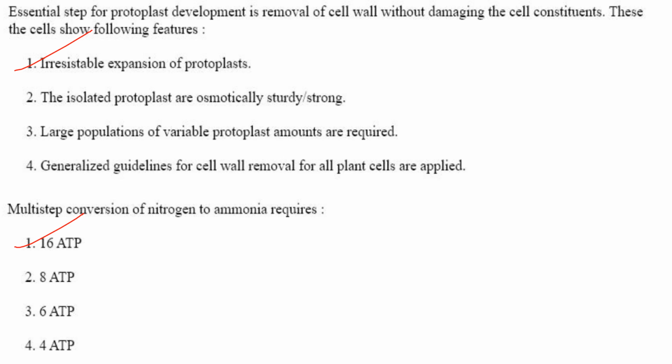First answer itself is correct. The isolated protoplasts are automatically sturdy or strong? No, that is not the correct answer. Large population of variable protoplast amounts are required? Nothing like that. Generalized guidelines for cell wall removal for all plant cells are applied? No. So the answer here is option 1.